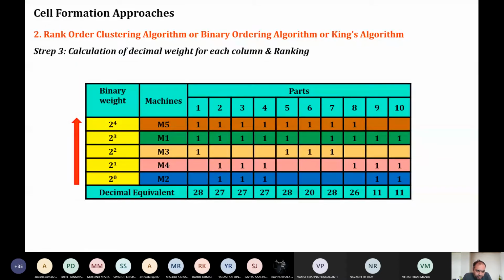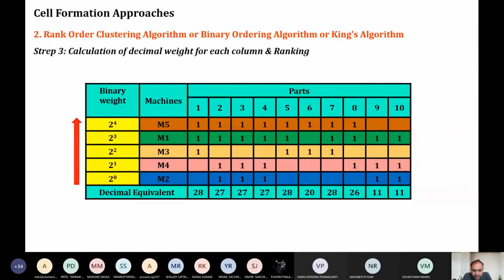Then we assigned the binary weights from bottom to top and found the decimal equivalent column wise. After this column wise calculation, what will be the next step? Rank the columns. Yeah, correct.